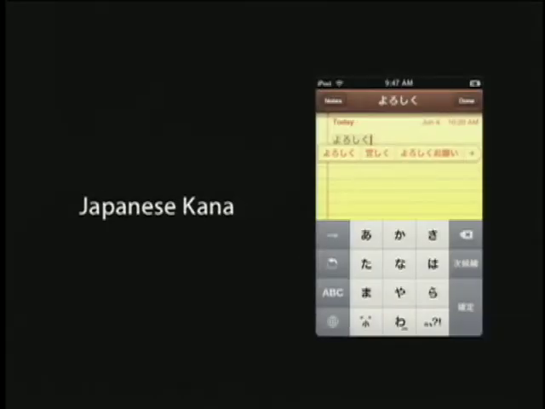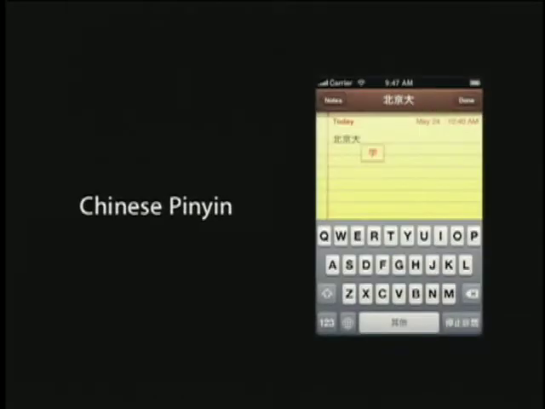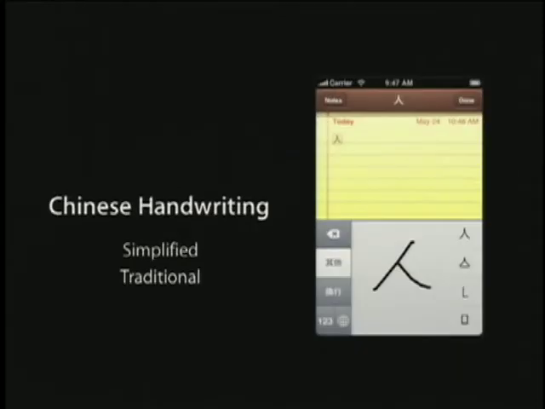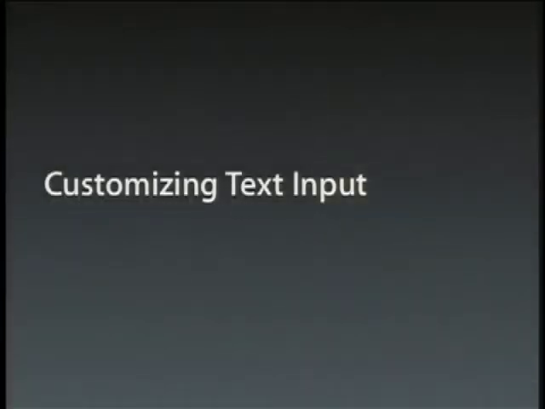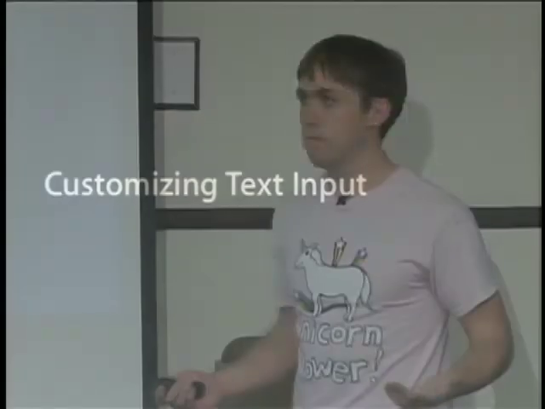We have a Japanese kana keyboard with flicking enabled. We have Chinese pinyin. We even have something that, again, barely resembles a keyboard where you have stroke-based input. It's more like a trackpad. And all these work, and users expect them to work, and you get them for free just by installing text-accepting widgets in your application. So let's talk about how you as developers can interact with the keyboard.